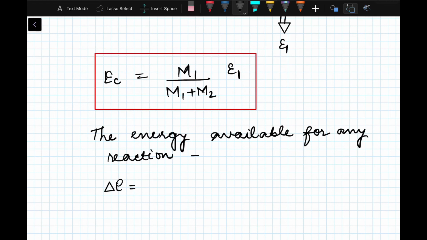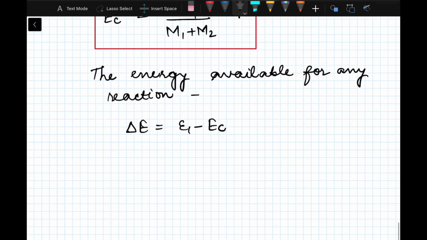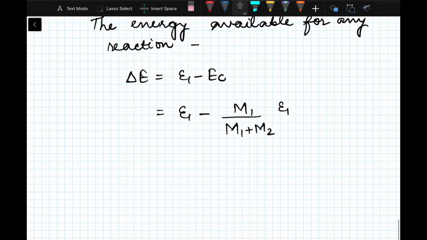Let us use this symbol. Delta E is nothing but E1 minus EC, which is E1 minus m1 over m1 plus m2 times E1, which is nothing but m2 over m1 plus m2 times E1.